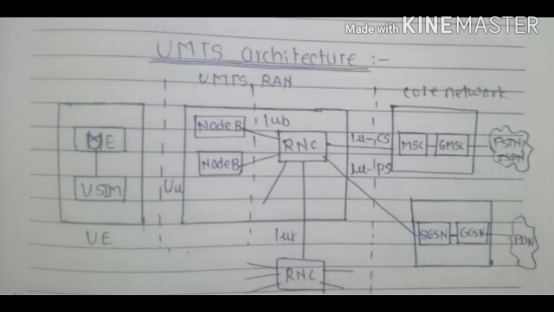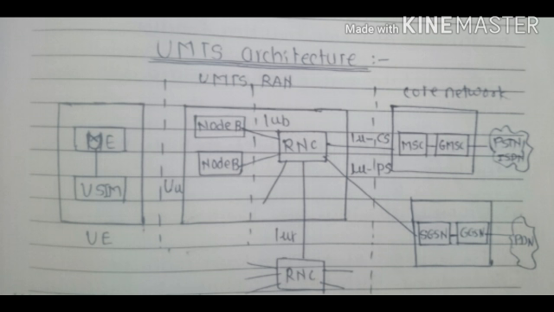Next is the UMTS terrestrial radio access network. It comprises several RNS, that is radio network subsystems, and each RNS is controlled by an RNC, that is radio network controller.